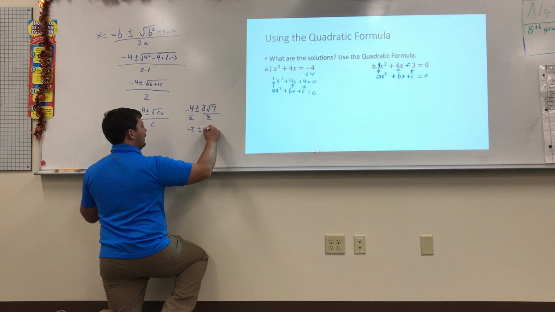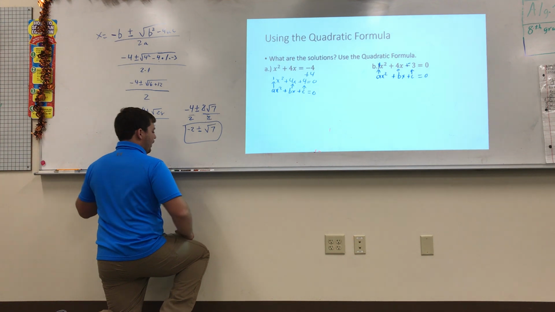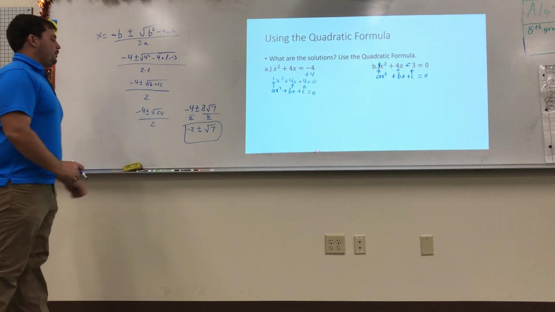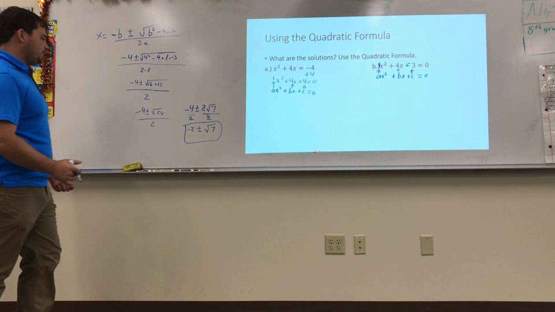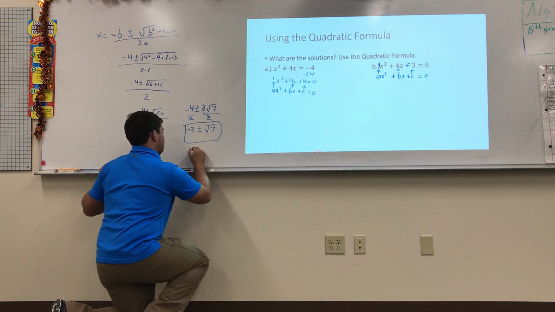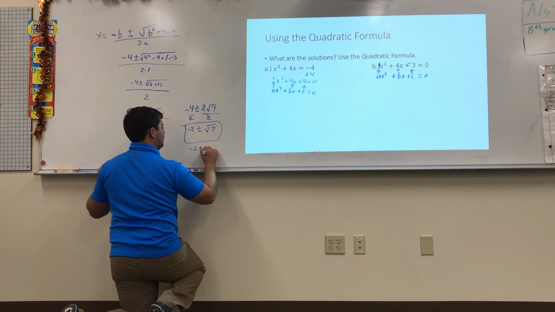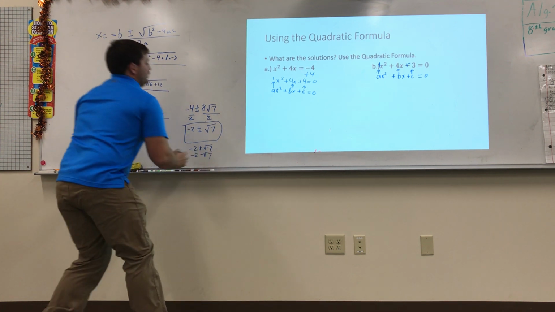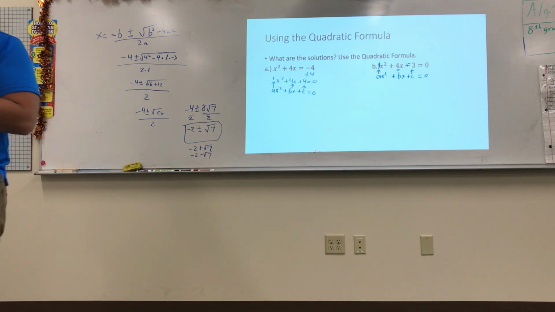The 2's are going to cancel out, so I'm just going to get the square root of 7. That is my answer. Okay? Now, does that have one answer or two? Well, you technically have negative 2 plus the square root of 7, and you would have negative 2 minus the square root of 7. So there's two solutions for this one. Okay?